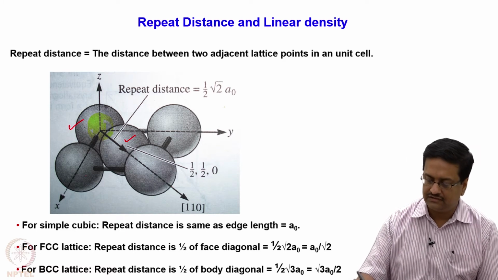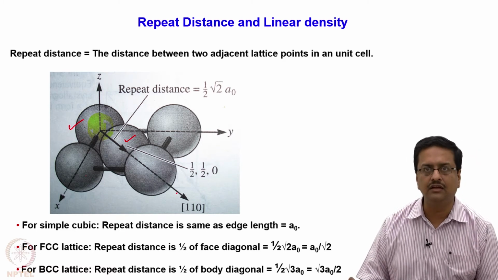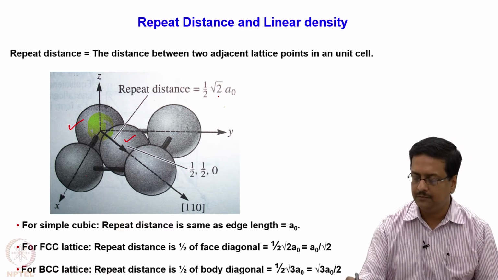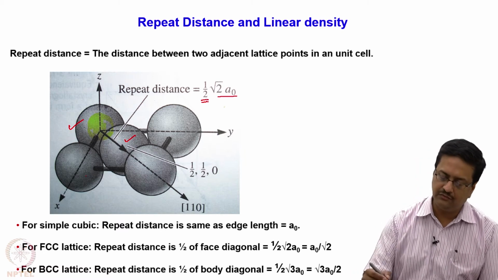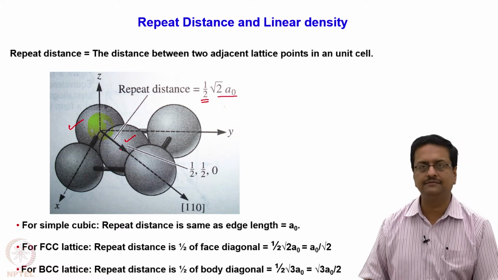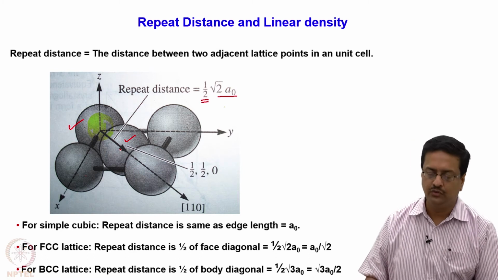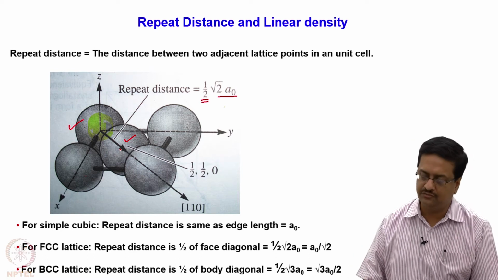So the face diagonal, which is a distance called root 2 a, the repeat distance is half of that. By moving along half of this diagonal, we reach one particular lattice point.